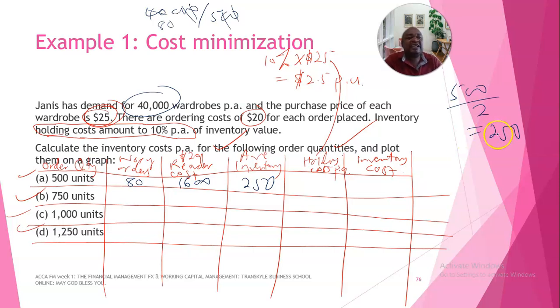If we are holding 250 on average, the holding cost will become 250 multiplied by the cost per unit, which was $2.50. This will lead us to 625.